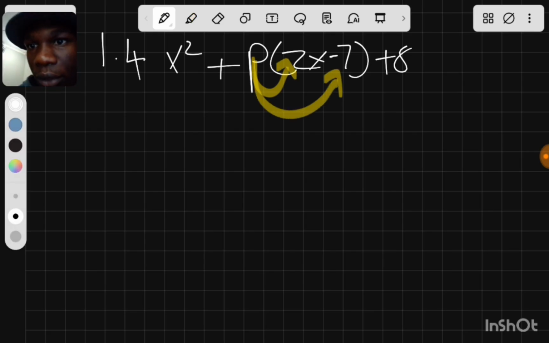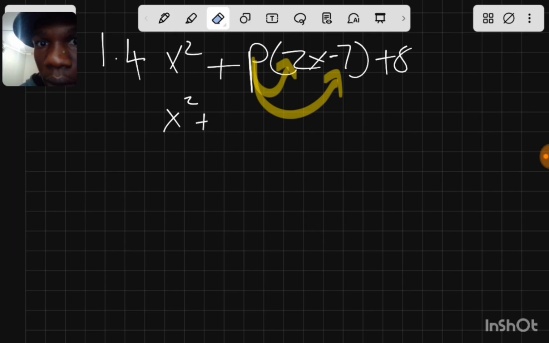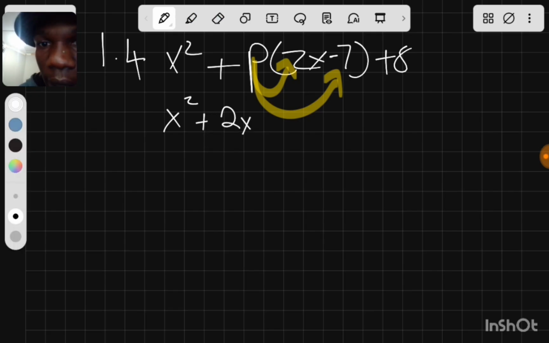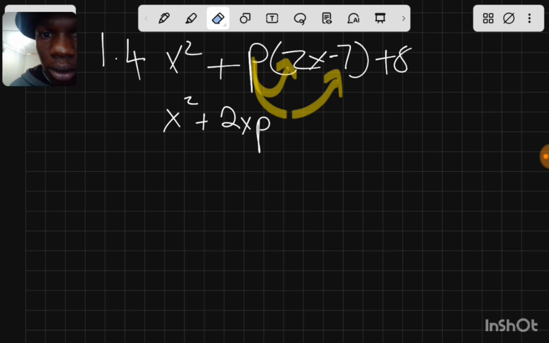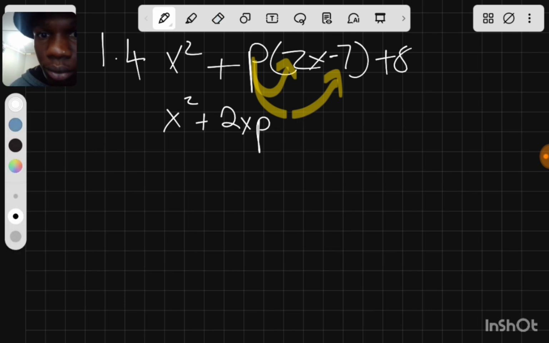So we're going to have x squared plus 2xp minus 7p plus 8.